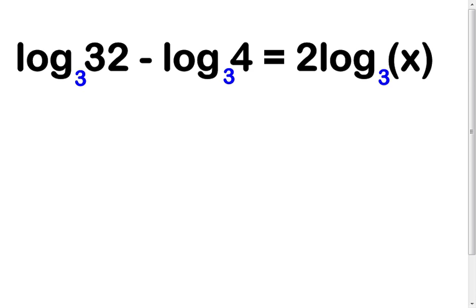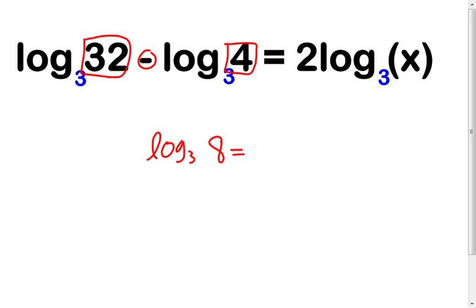All right, on the next one then. Again, I have subtraction in the middle, so I can take this quantity right here with this quantity and divide them. So I will have log base 3 of 32 divided by 4, which is 8. Over here, I can take this and bring it back on top and make that a power.